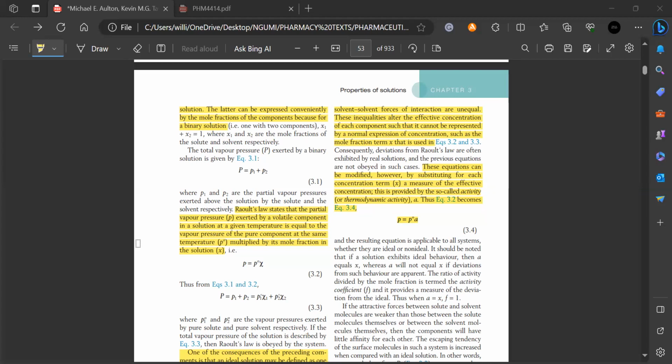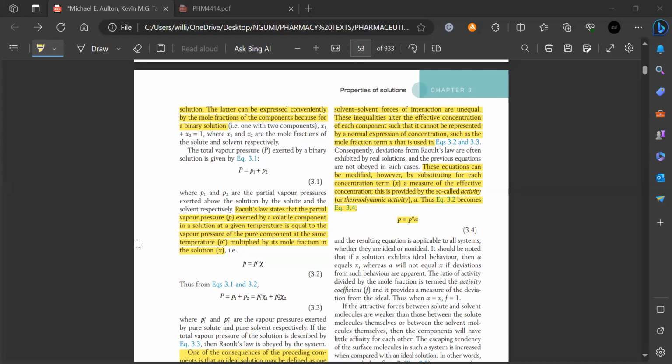But because our forces of interaction are unequal in non-ideal situations, we now have to use the mole fraction to really understand what the amounts are, because things are just unequal everywhere.